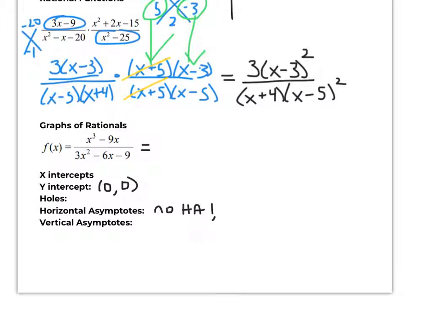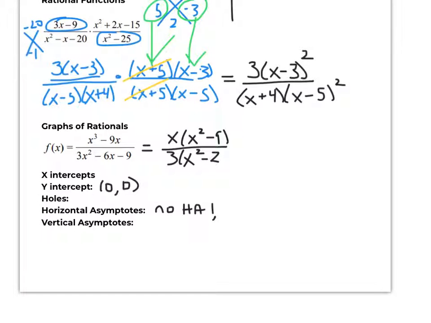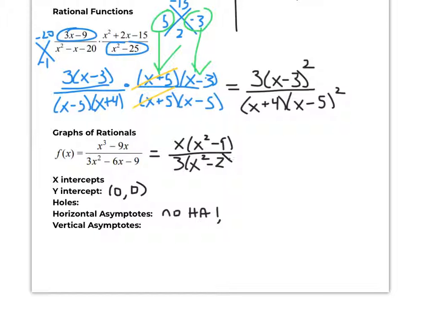It's a hard thing. All right, both of these have a GCF, so I'm going to start by taking out a GCF. The top has an x, which leaves me with x squared minus 9. The bottom has a GCF of 3, and then I get x squared minus 2x minus 3. Okay, now I'm going to keep factoring.